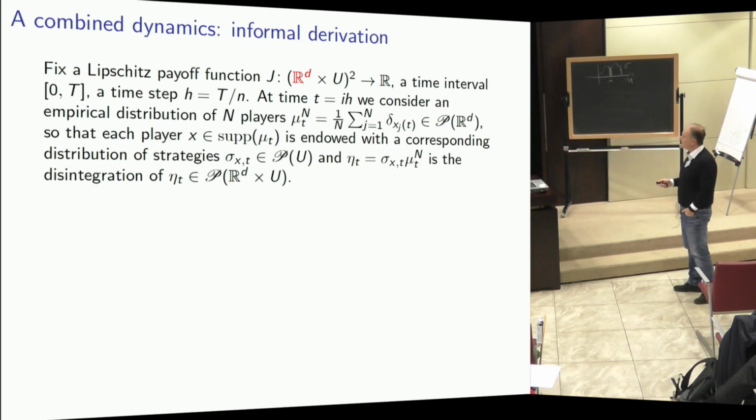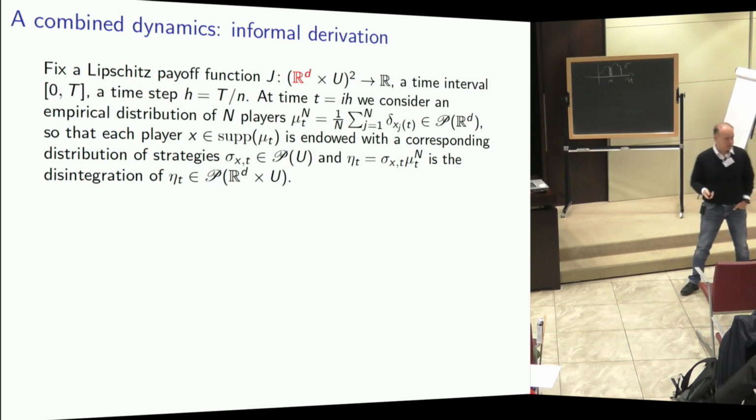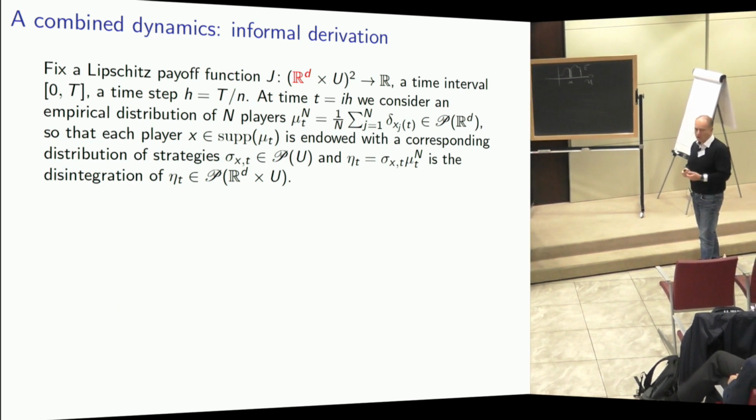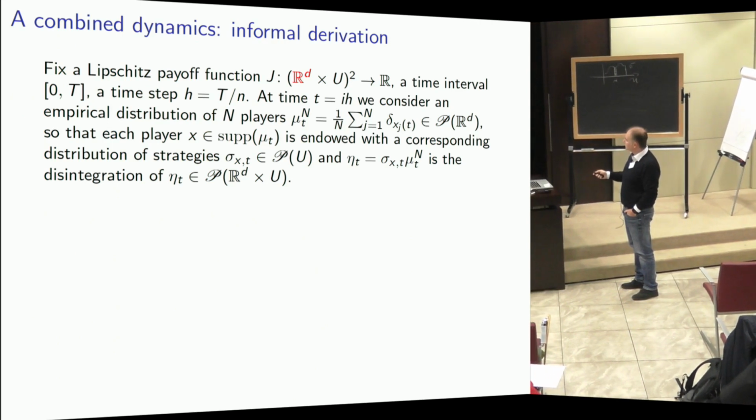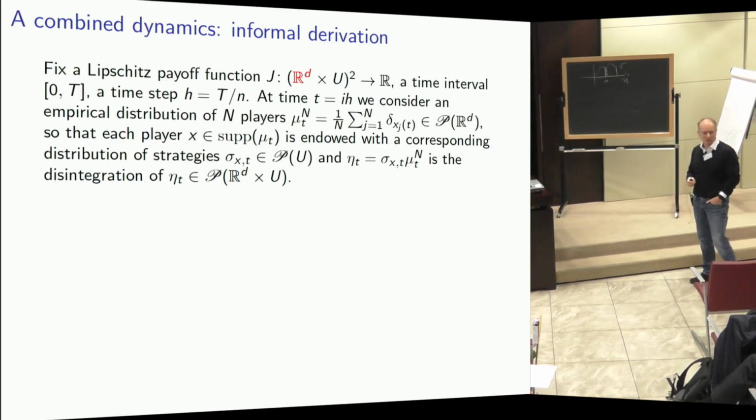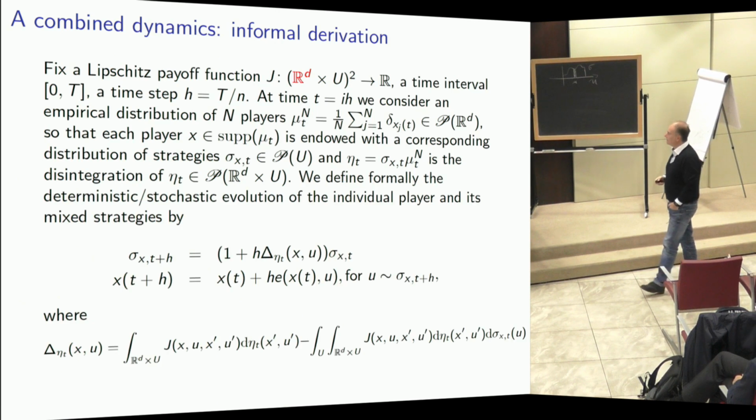It's just to simplify. And for each player supported on this distribution, we assume that we are given a corresponding mixed strategy, so a probability distribution of strategies that we can use. And by using these two probabilities, we form a probability by integration or disintegration of that probability on the cross space, which is exactly what Benedetto was thinking in a certain sense.